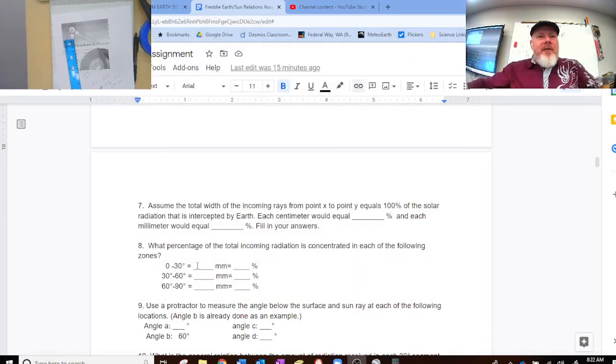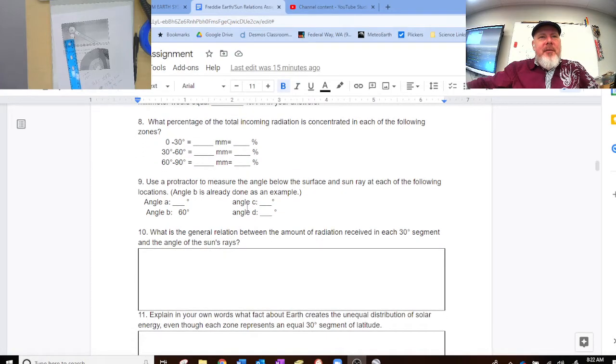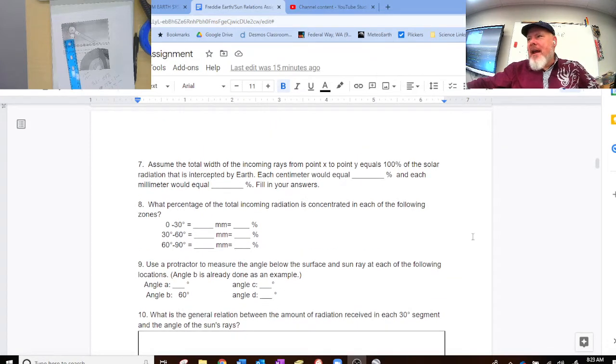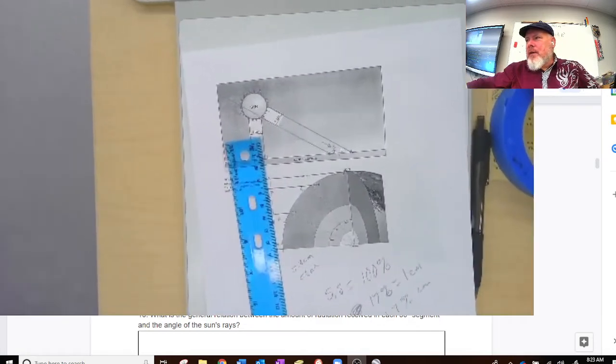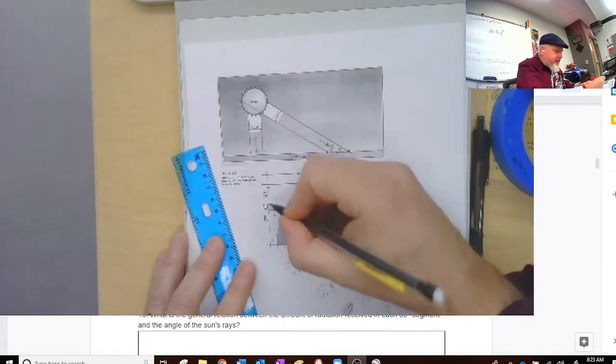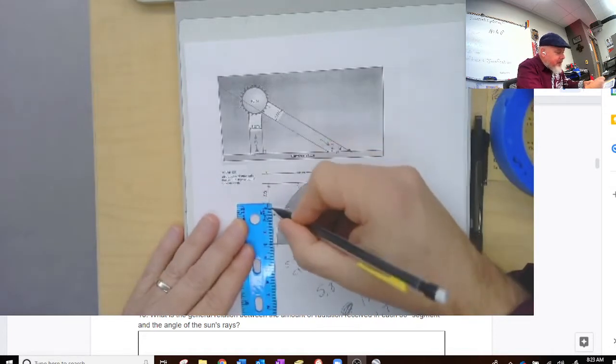Which brings us to question number 9. Use the protractor. Oh, I'm sorry, I skipped one. Question number 8. From 0 to 30 degrees, how many millimeters is that? And what percentage is that? So now I'm going to go back to this picture right here, go from 0 degrees to 30 degrees, and see how many millimeters that is.